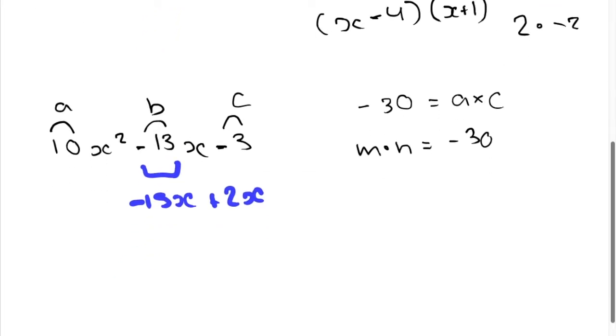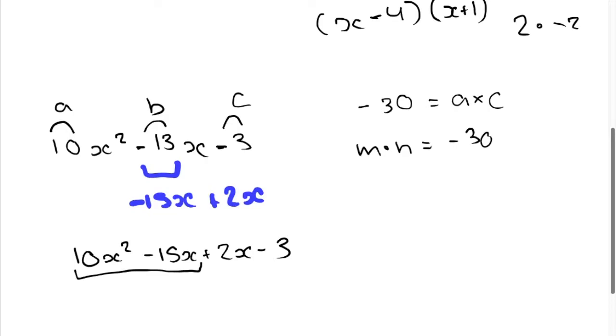So since we replace the middle term with that, we can write the equation as 10x squared minus 15x plus 2x minus 3. Now we have to work on factoring it part by part. We have one part over here, and another part over here. On the first part, part A, we can see a common factor of 5.